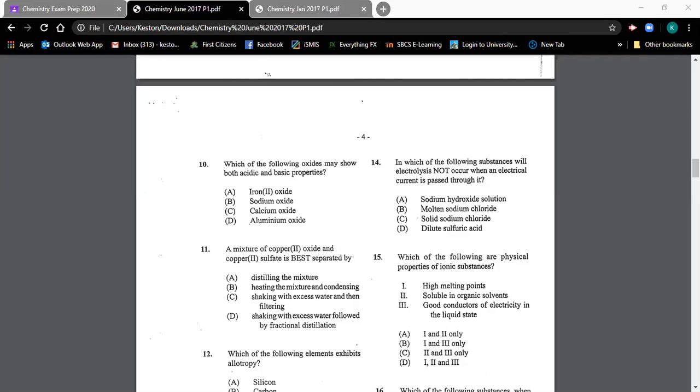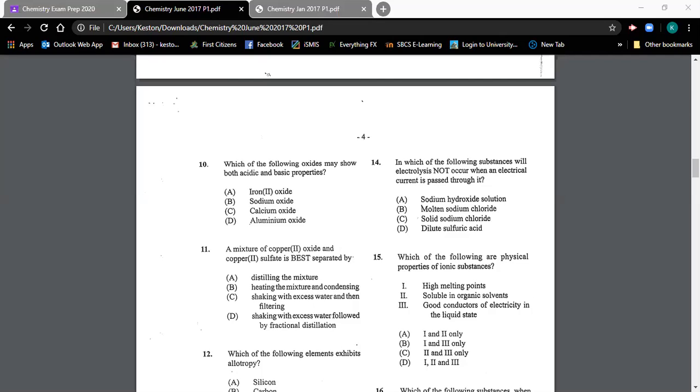Anybody else? You don't know this one? Anybody else have any ideas? Mix your copper 2 oxide and copper 2 sulfate. Copper 2 oxide is insoluble, so that's not going to mix. Copper 2 sulfate is soluble, right? So you could filter this off. Shaking with excess water and then filtering would be the correct answer for this. Yeah? C. Yeah, correct.